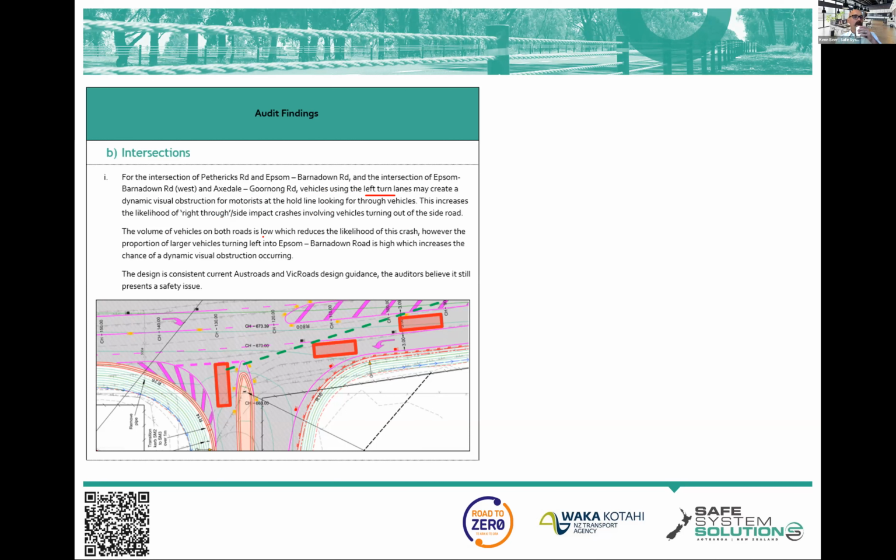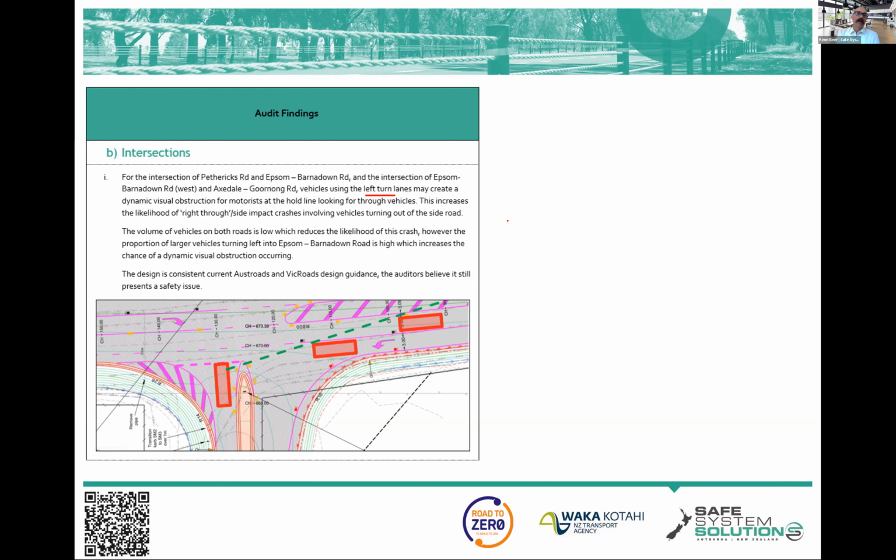However, the proportion of larger vehicles turning into Epsom Barnworth Road is high, which increases the chance of dynamic visual obstruction occurring. The design is consistent with Austroads and, well, this one was in Victoria, VicRoads design guidance. The auditors believe it still presents a safety issue. Okay. So you can see that, and then there's a nice little snip and a diagram here.